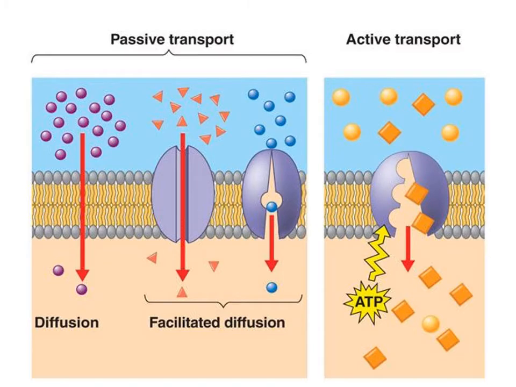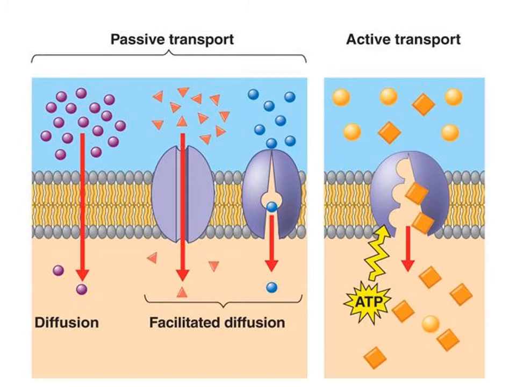Okay, and this slide is just showing you passive transport. As soon as you see passive transport, it means there's no energy utilized for this process, right? So diffusion right across the membrane, no oxygen, no ATP required. And oxygen or CO2 would be an example.